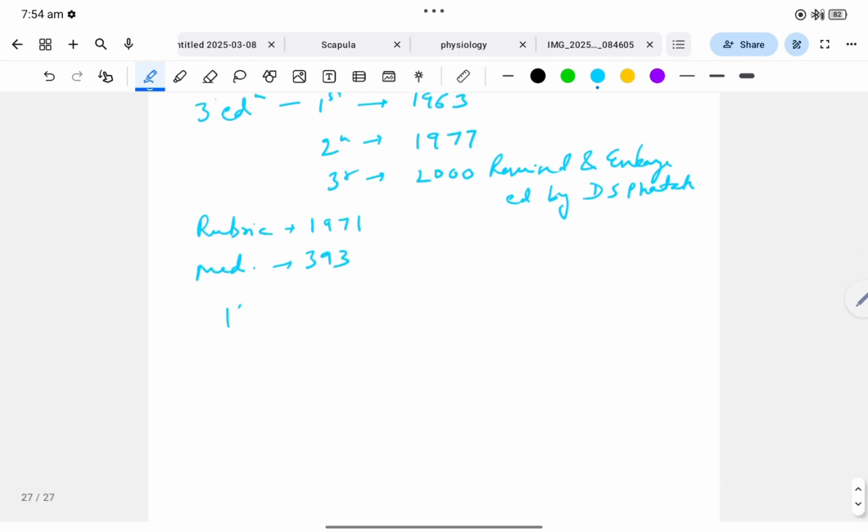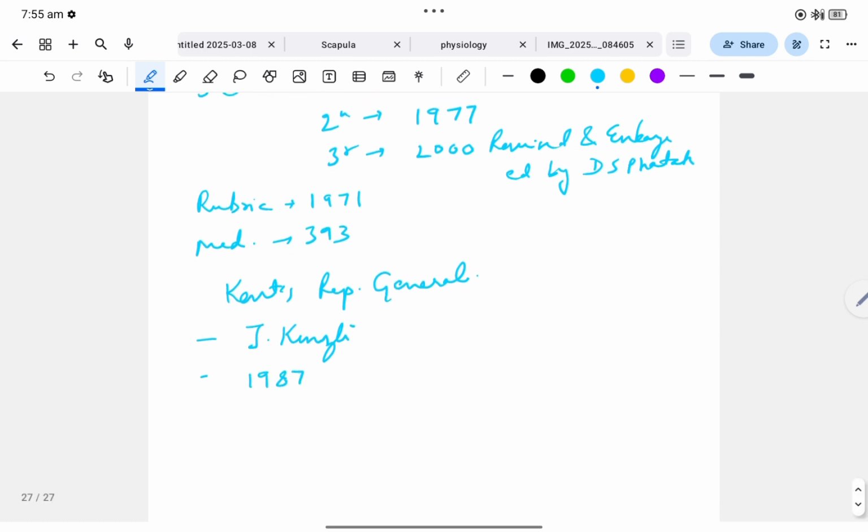Our next repertory was Kent's Repertorium Generale, published by J. Kunjli. First published in the year 1987, in German language. 1990, it came with English translation.